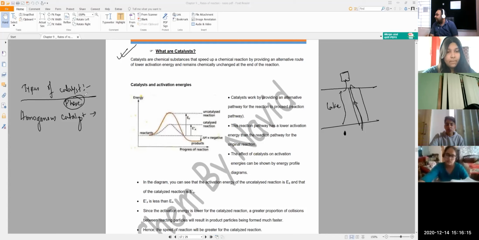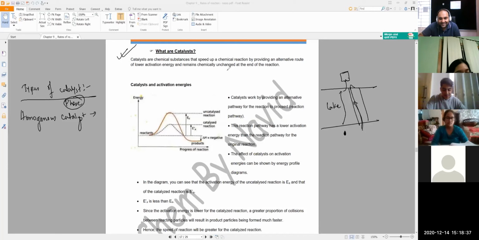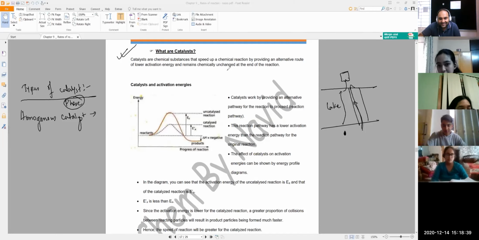Sir, gas phase, solid phase. With states of matter. We studied states of matter, right? Yes, then you can answer. What is the difference between a state and a phase? Phase is like a mixture of the states, like liquid and gas. And states are either solid, liquid, or gas. Exactly. Yeah.